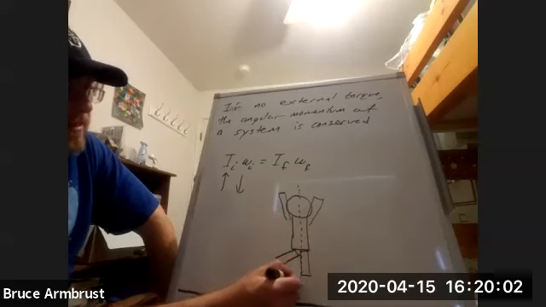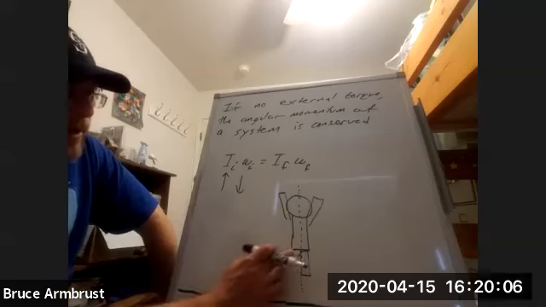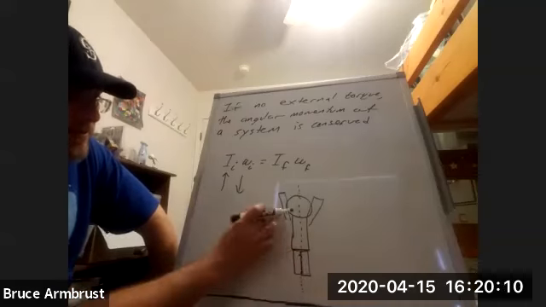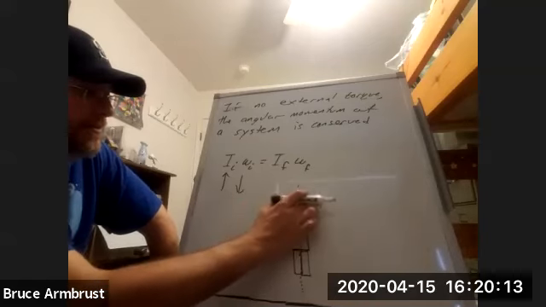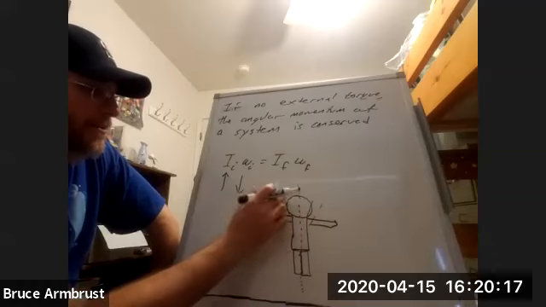Think of R as the distance away from the axis. So let's say that the axis of spin is right down the middle. In the initial state, we're spinning really fast. Well, let's extend ourselves out. So we start spinning like this. So our arms are out.